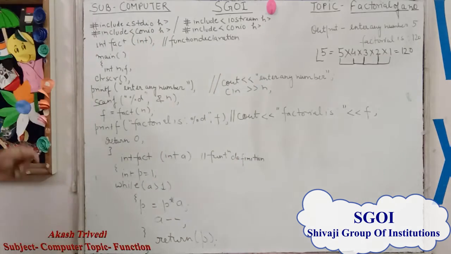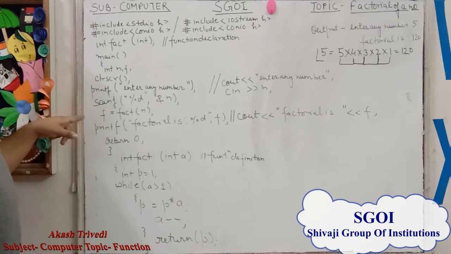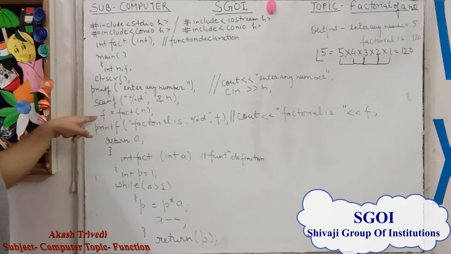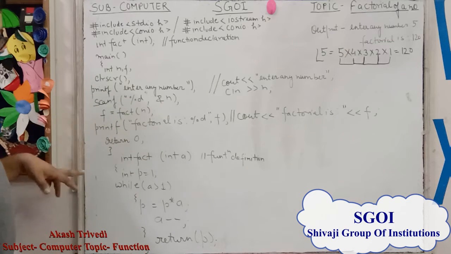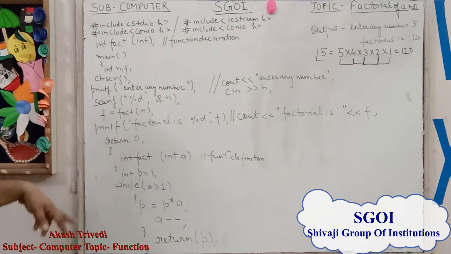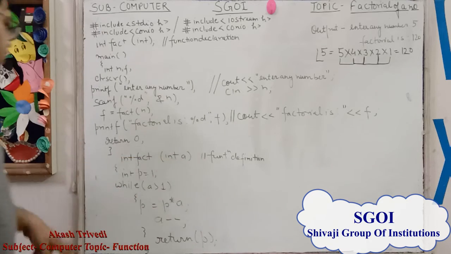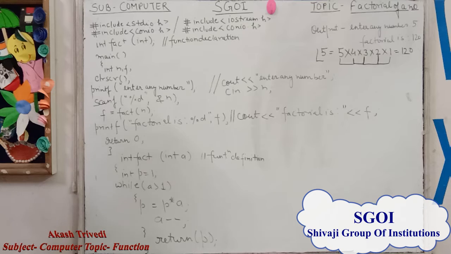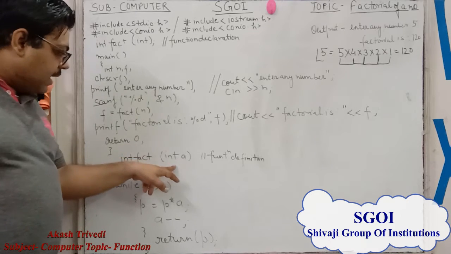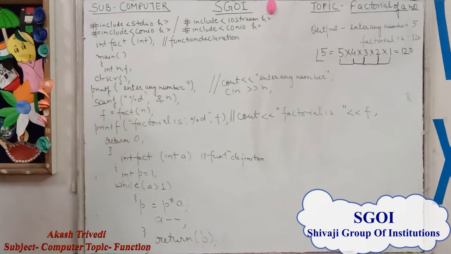After that, this line is used for the function calling statement, f = fact(n). Then we go to the function definition. The function definition has data type, function name, and parameter list.